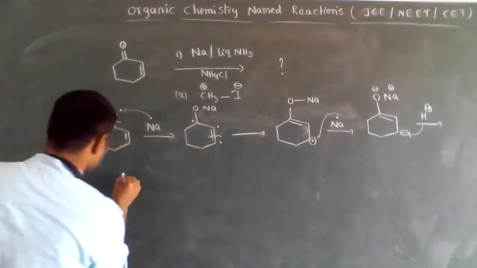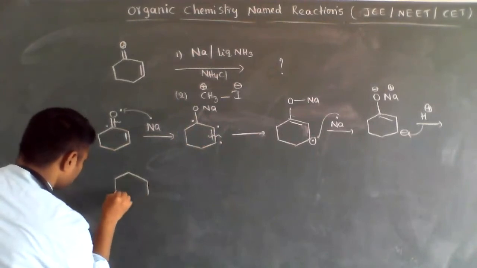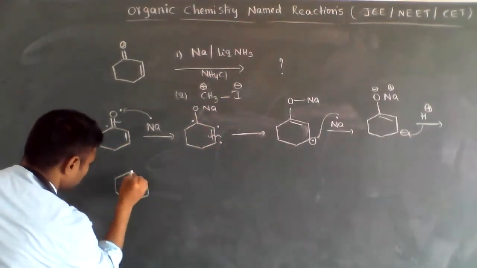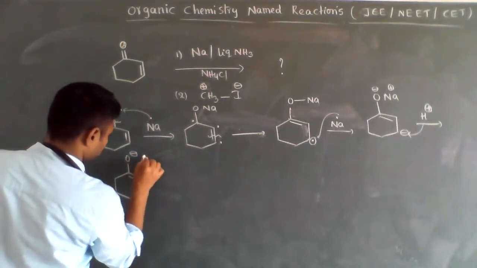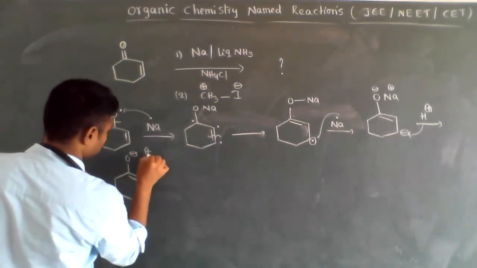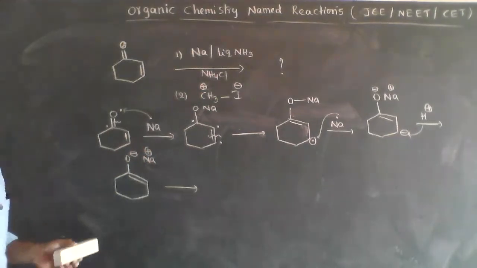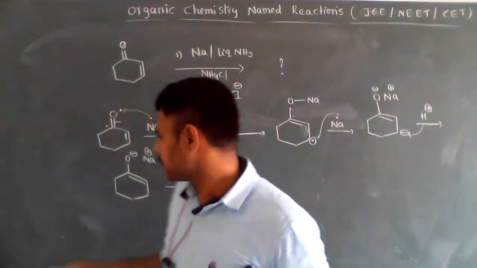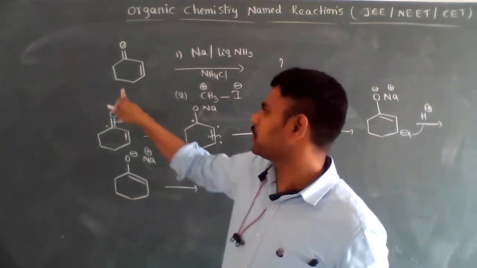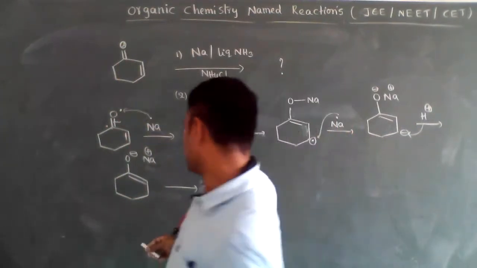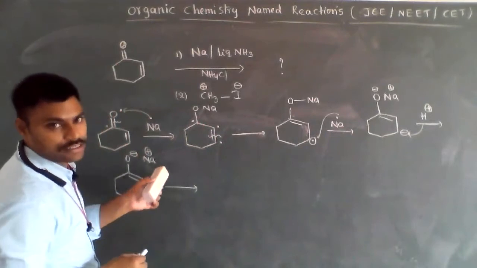See, if hydrolysis is taking place, what happens now? Again enol will form, then it is converted into saturated ketone. But here we are not doing any hydrolysis.